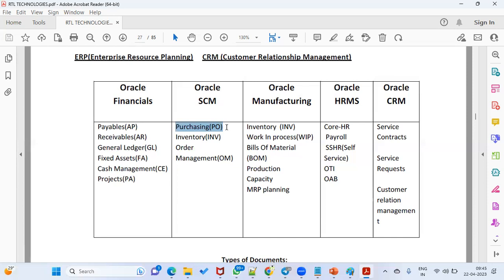So as a technical consultant, you can say that I'm working for such-and-such domain, but you can go ahead with working in other domains also. That's why we are going to learn both financials as well as the supply chain management technical part, so that when there is a requirement for a financial module, your profile will be shortlisted. When there is a requirement for a supply chain management module, your profile will be shortlisted.